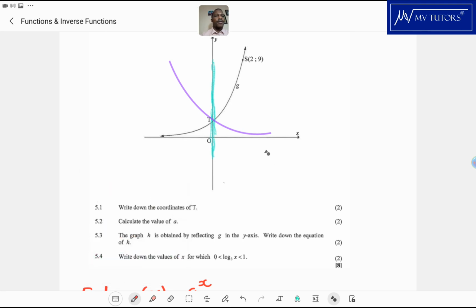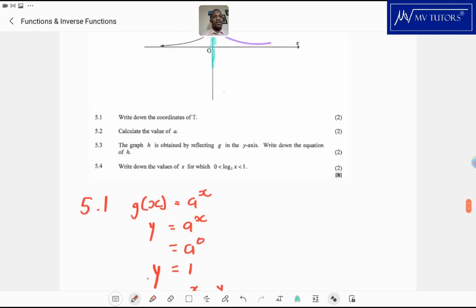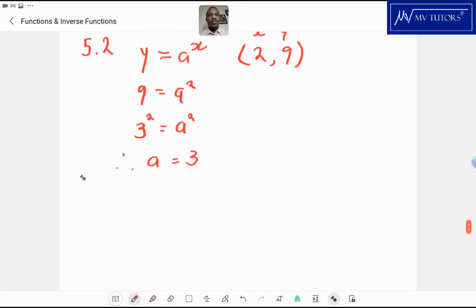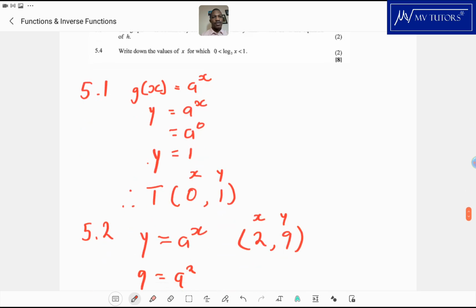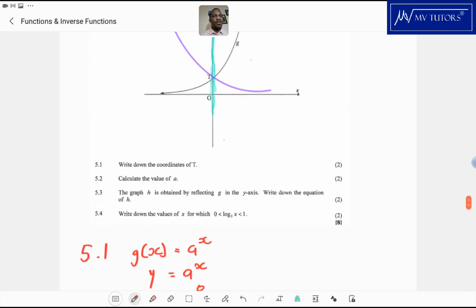Now if you look at this graph here, let's just write 5.3. So the question wants the equation of h. Now h is this graph here that we just drew.